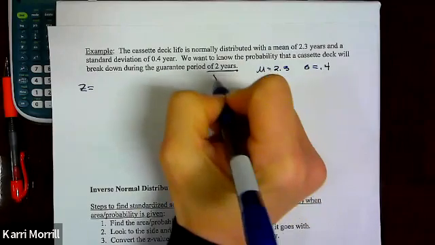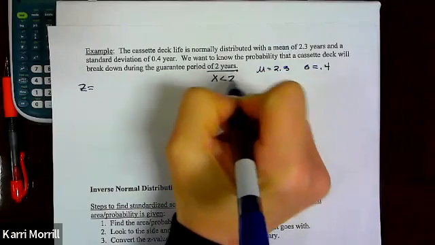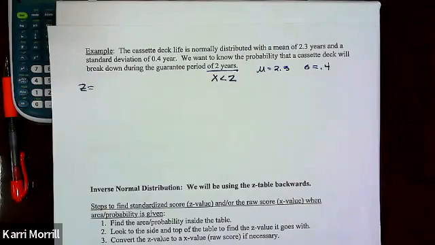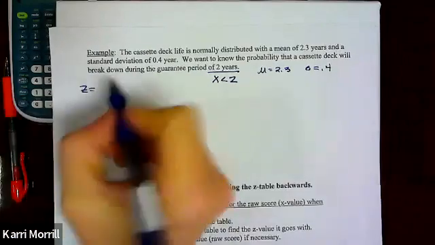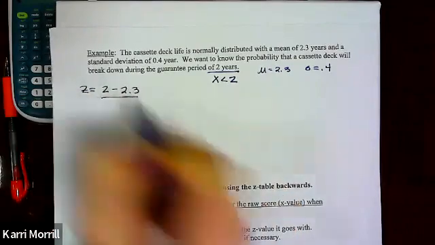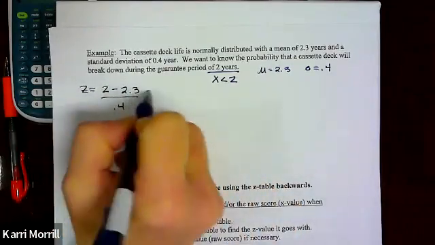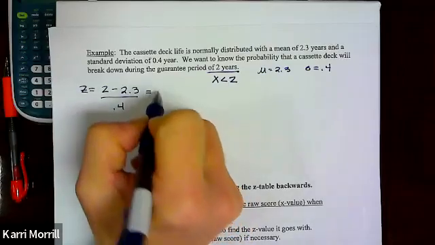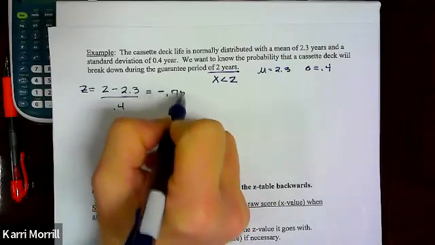So we would think of this as X is less than 2. You have to think a little bit of what it would mean in terms of a less than or a greater than symbol in this 6.3. So our z-value is going to be 2 minus our mean of 2.3 divided by our 0.4 standard deviation. And so that's going to be a negative 0.75.